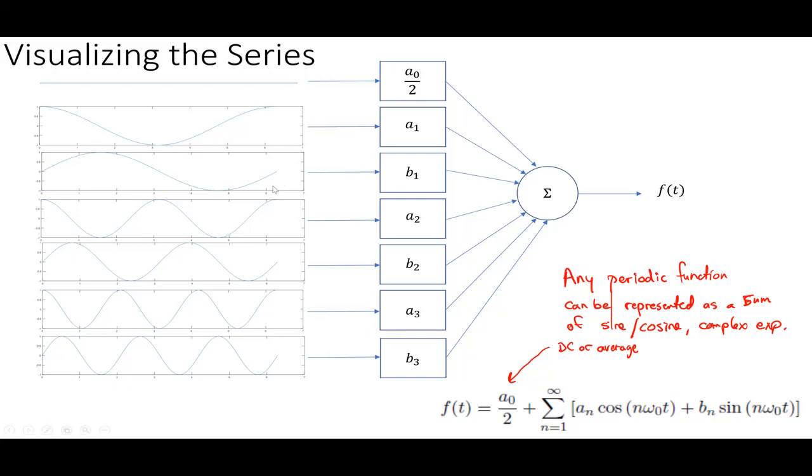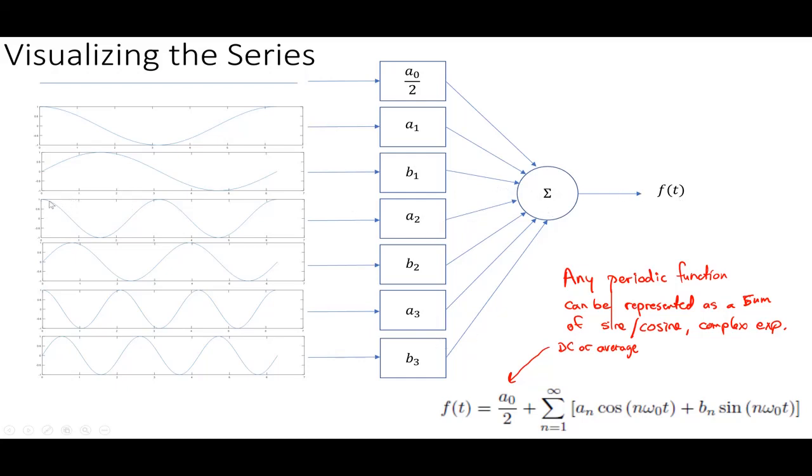Let's visualize again what this equation is doing. I have my DC term plus this sum of sine and cosine. The way we visualize that is, here's the cosine and here's the sine at the fundamental term. I take the basic sine and cosine functions, multiply them by their appropriate amplitudes, and add them to all of the other components to create the function.